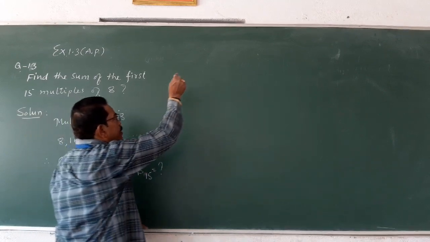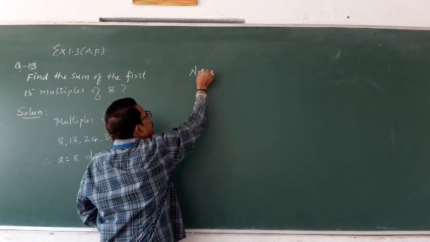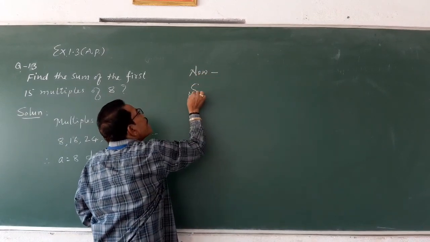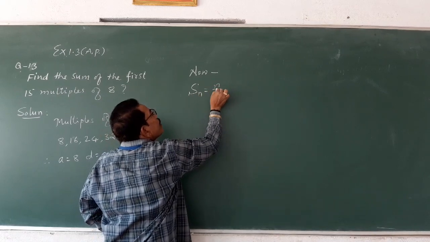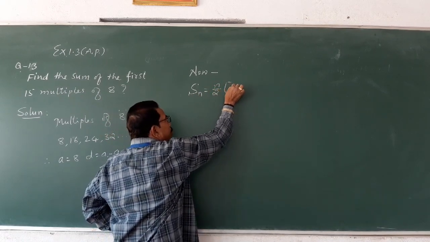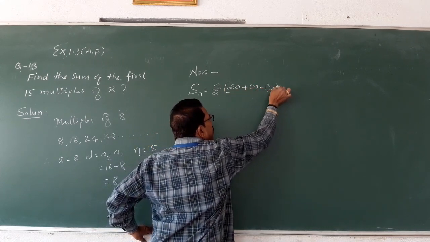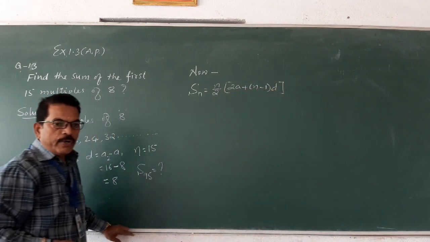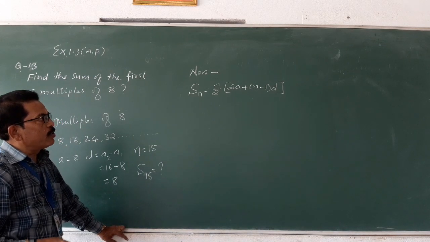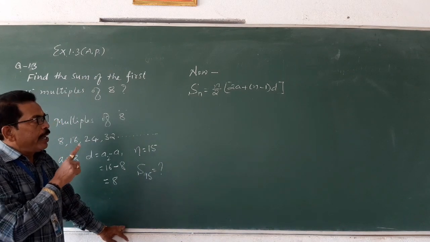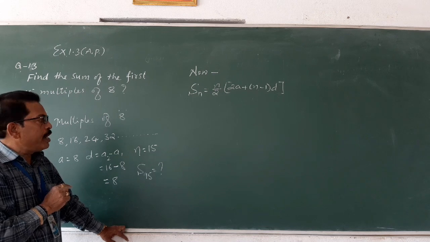So Sn equals n by 2 in the big bracket, 2a plus (n minus 1) into d. Which formula have we used? Sn equals n by 2, 2a plus (n minus 1) into d.